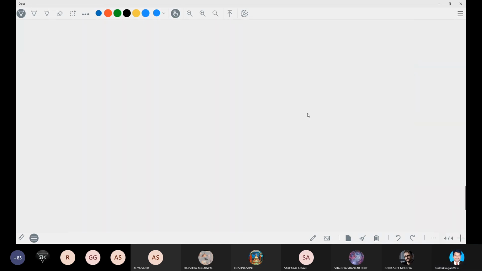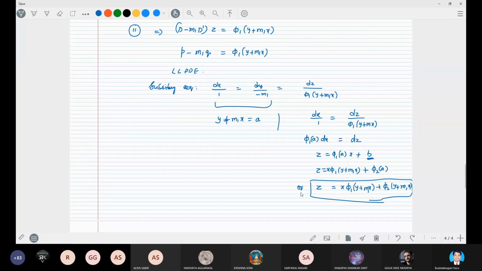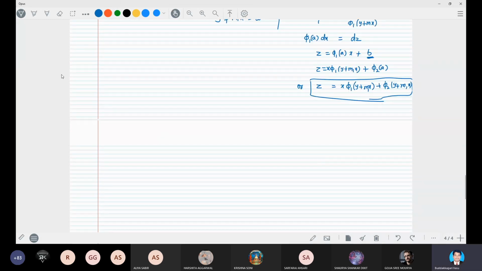So here we may conclude that if the roots of the auxiliary equation of f(D, D dash) z is equal to 0 are equal, then the complementary function is z is equal to x into phi 1 of y plus m1x plus phi 2 of y plus m1x, because equal roots means m1 is equal to m2 is equal to m1, right?